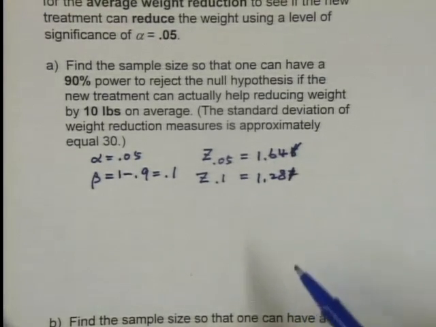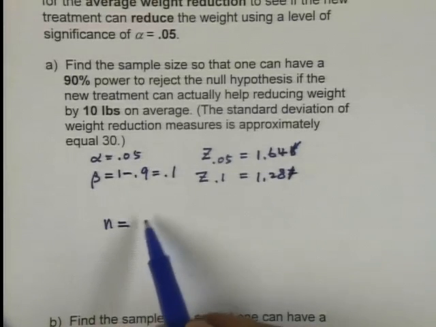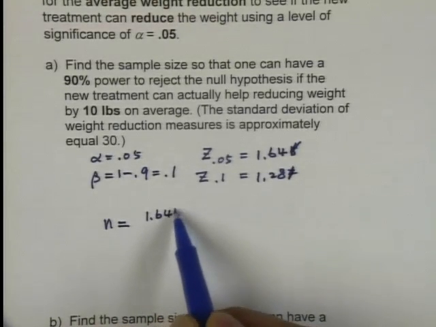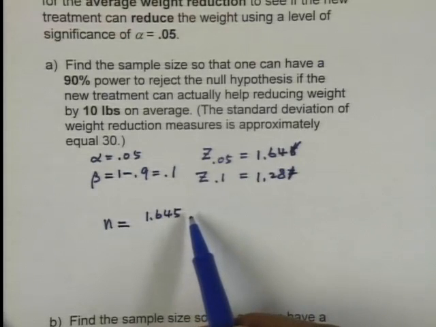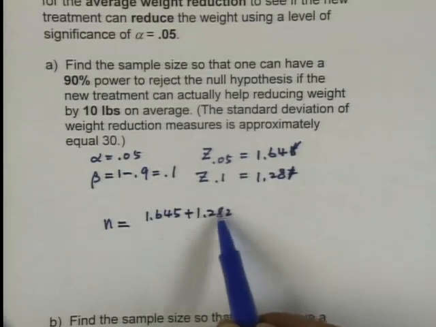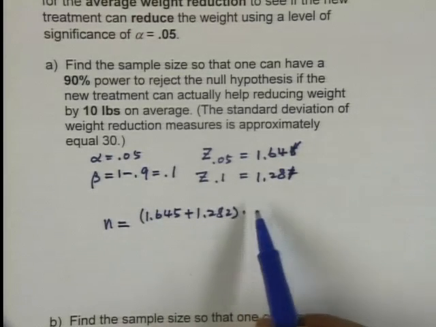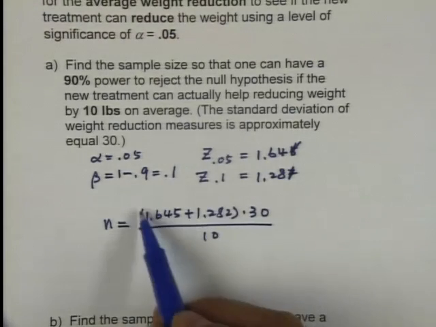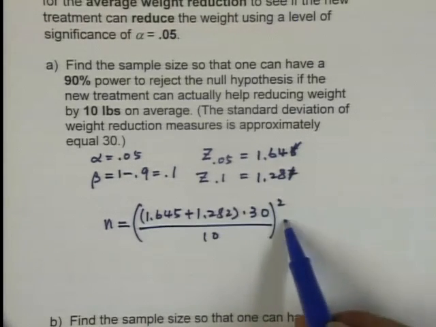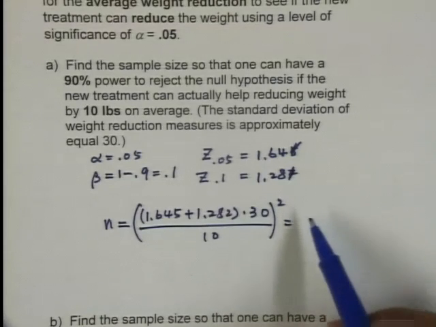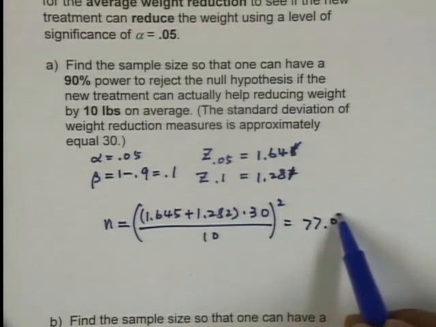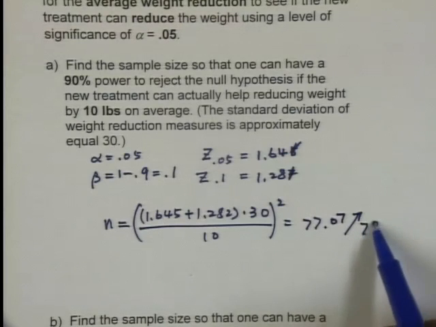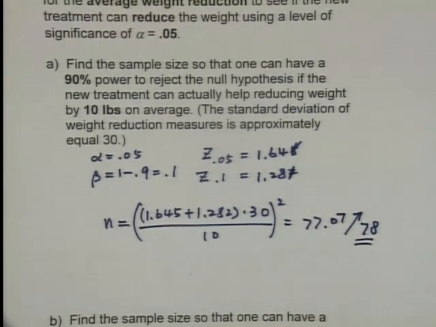So your sample size will be 1.645, that's from Z alpha, plus 1.282, times the standard deviation, divided by the effect size you wish to detect, and square this number. So you get 77.07. If you round up to 78, that would be the sample size you need.